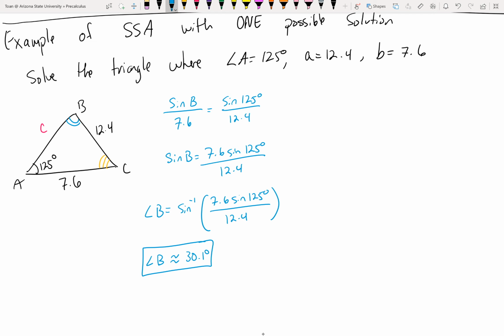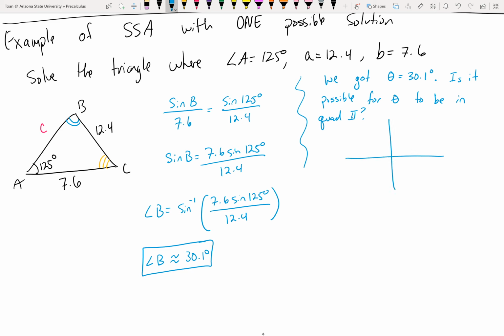Now, this is what I mean by checking. Here's the thought: our calculator gave us theta is 30.1 degrees, and I got the answer using an inverse sine. I have to ask myself, is it possible for this theta to be in the second quadrant, in quadrant 2?